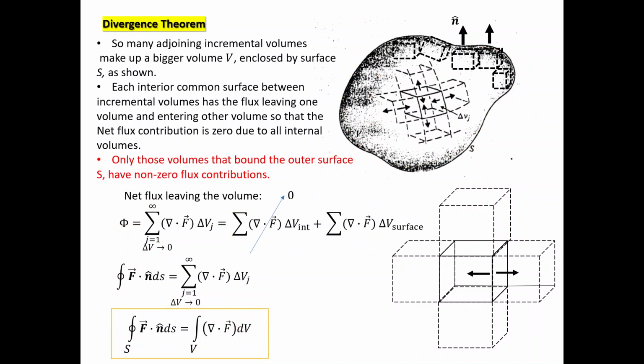If no source is present inside, then this must be 0, because if no source, that means there is no divergence. And this is all about divergence theorem.